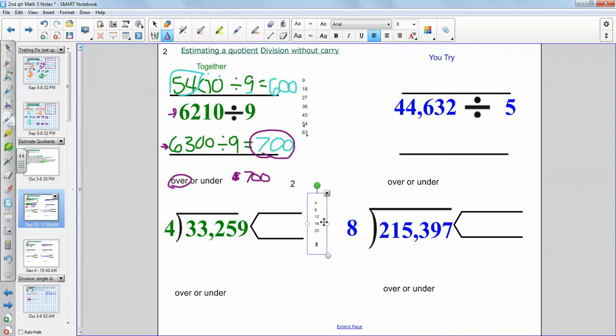There we go. 20, 24, 28, 32, 36. Okay, that was a bit of a struggle, but we got it done. So here are my multiples of 4.